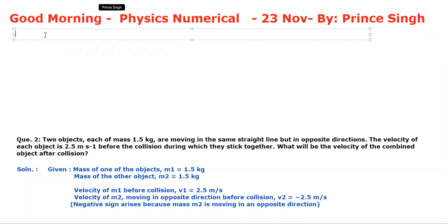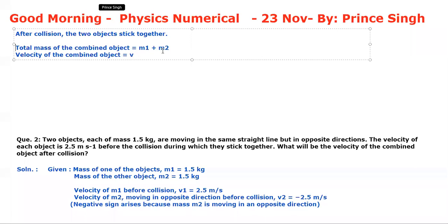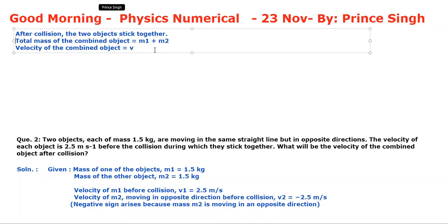So after collision, the two objects stick together and the total mass of the combined object will be m1 plus m2, but the velocity will be single because they stick together, the velocity will be single.